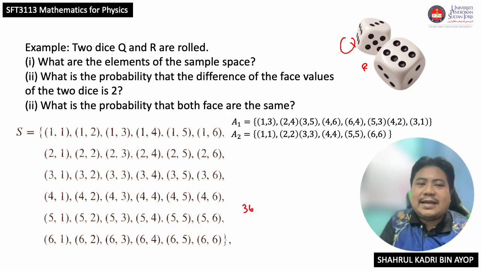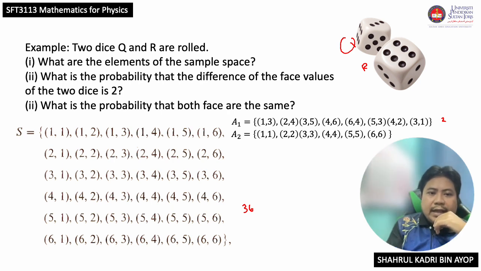What is the probability that the difference of the face values of the two dice is 2? For example, 1 3, 2 4, 3 5, 4 6, all of these give a difference of 2, and the reverse pairs as well. So that means you have 1 2 3 4 5 6 7 8, so 8 outcomes. The probability of having a difference of 2 is 8 over 36.